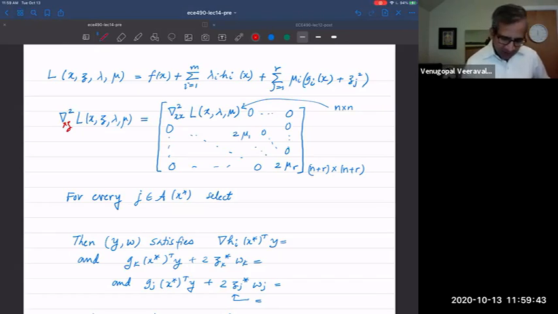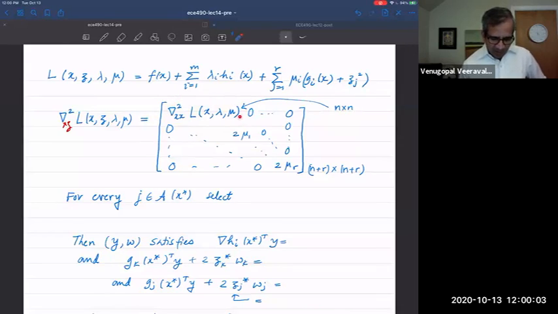But let's look at this function. If I look at the Hessian terms in this matrix corresponding to just the X variables, those will sit in the top left corner here.